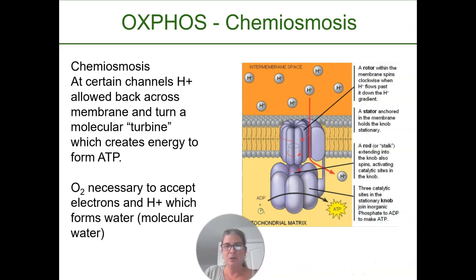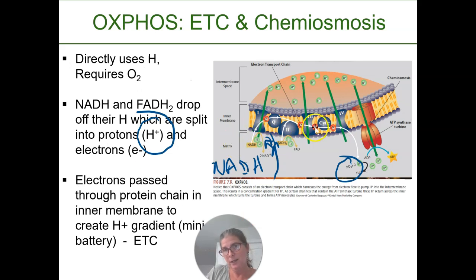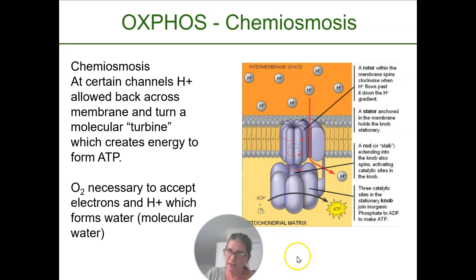So chemiosmosis is just the process of using a hydrogen ion gradient to make ATP. And that's why oxphos has the two components, because you have to have the electron transport chain first to make the gradient, and then you have to have the chemiosmosis, when those come back through and spin the little molecular turbines.